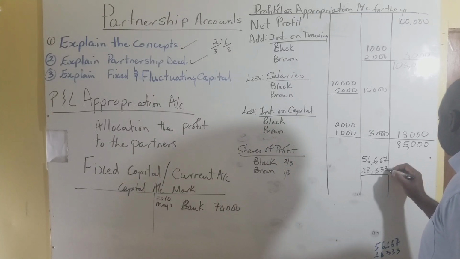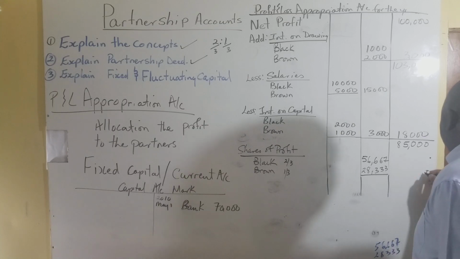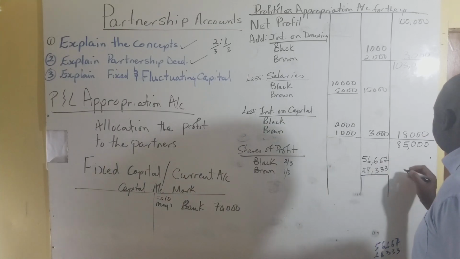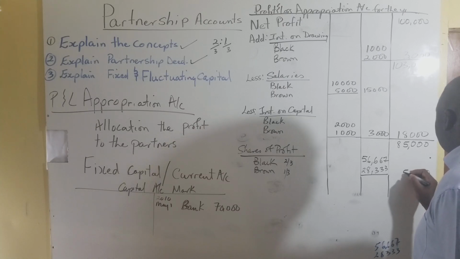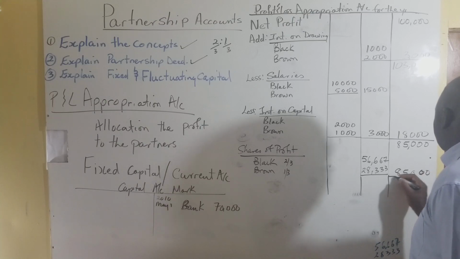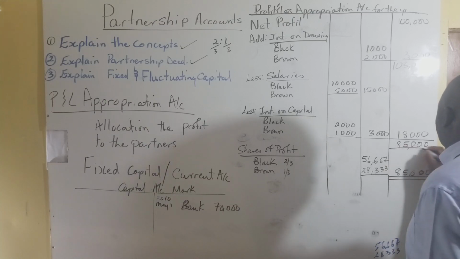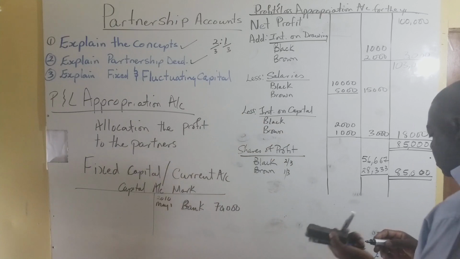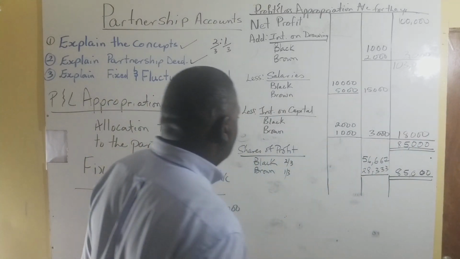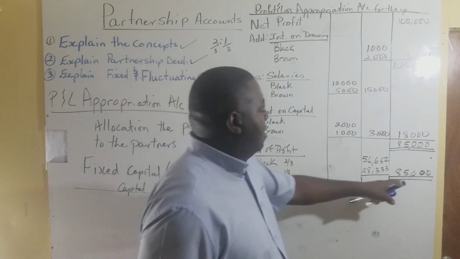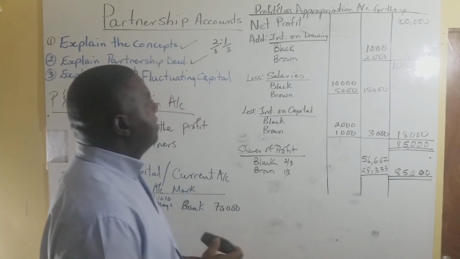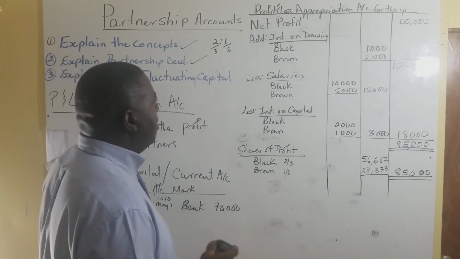It should give us 85,000. Good. So we are correct. All right, so the business would have shared the profit between them. And that is the idea of the appropriation account.